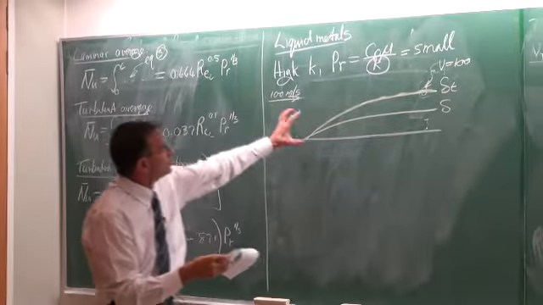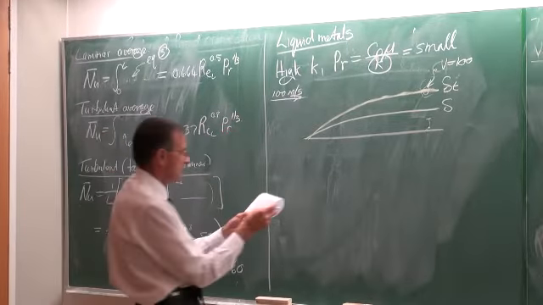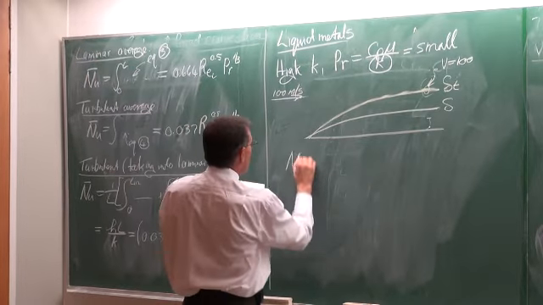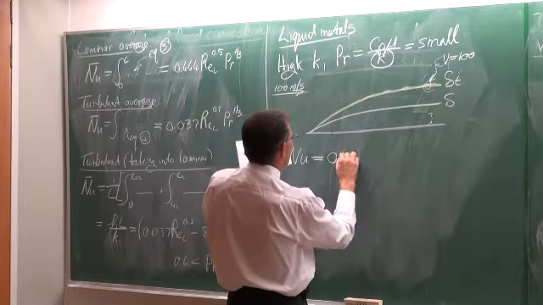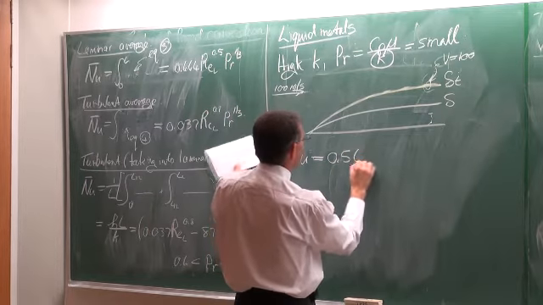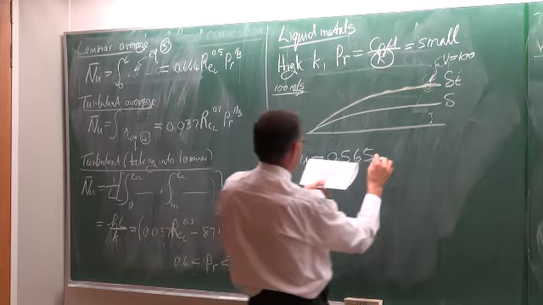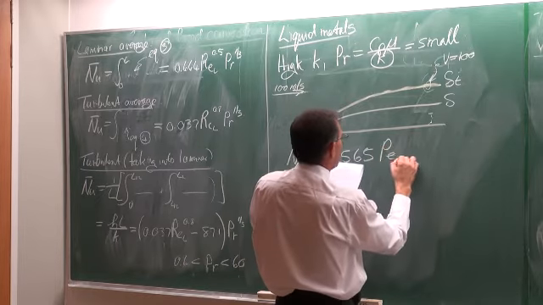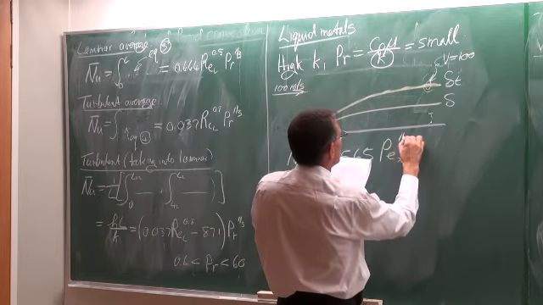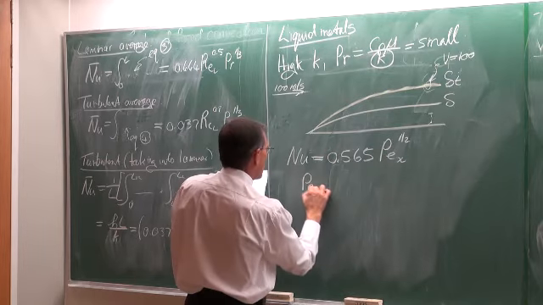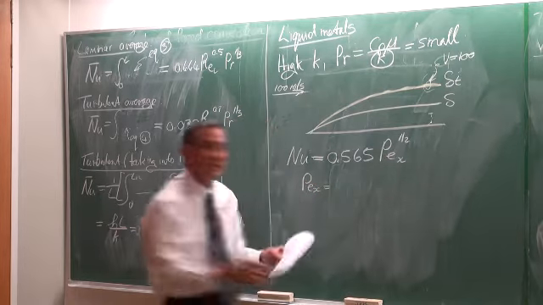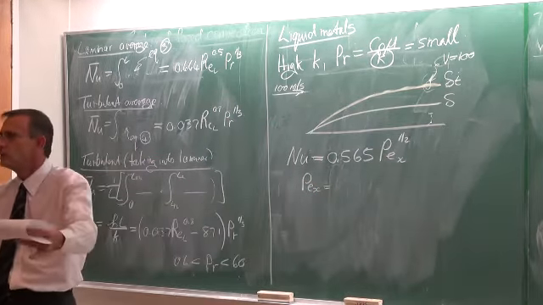Okay, so there are also equations for liquid metals, and typically they are given as a function of the Peclet number, and the Nusselt number is then written as something like 0.565 multiplied by the Peclet number. And in CFD you're also going to get to the Peclet number.